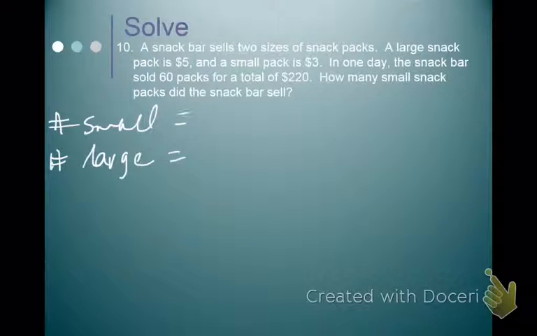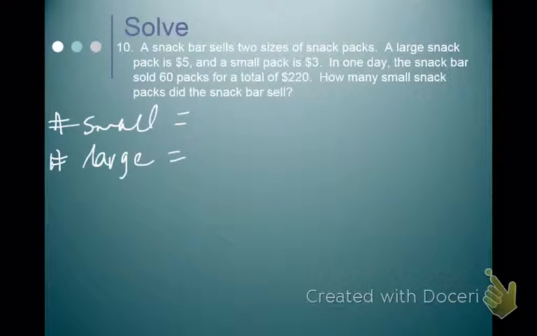Now we talked last time, with the graphing method and the story problems there, about independent and dependent variables, and that's how you determine which one's your x and your y in your two equations. Here, the number of large packs does not depend on the number of small packs that were sold. I mean, we have some parameters.